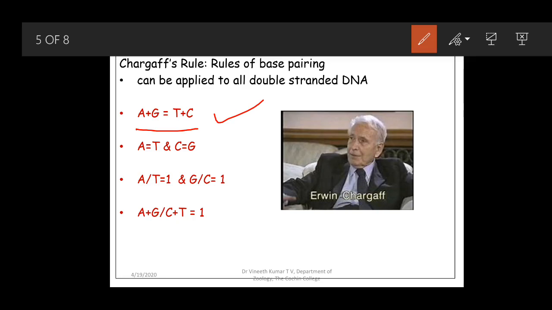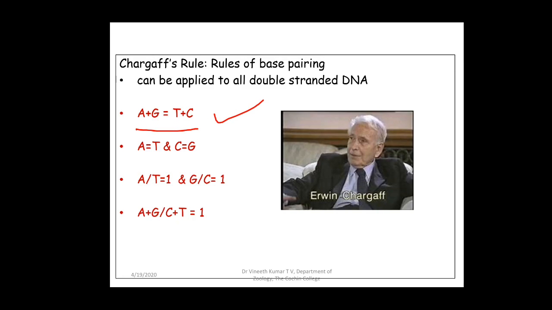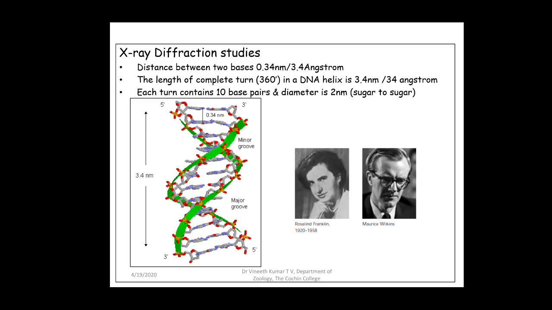So Watson and Crick took the idea of the Chargaff rules, and also the X-ray crystallographic data of Maurice Wilkins and Rosalind Franklin. They combined these two sets of data and deduced the three-dimensional structure of DNA.